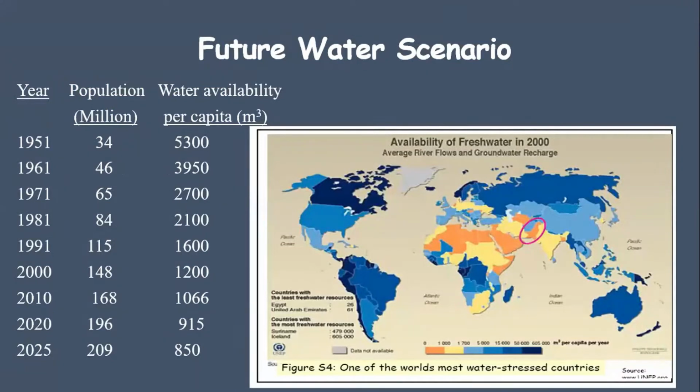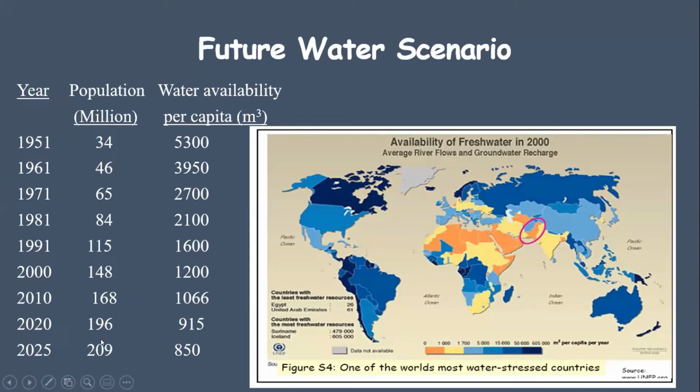This is a simple map from the United Nations, in which we can see how the population of the world is increasing year by year, and since the water in the world is constant, the water availability per capita is decreasing year by year.